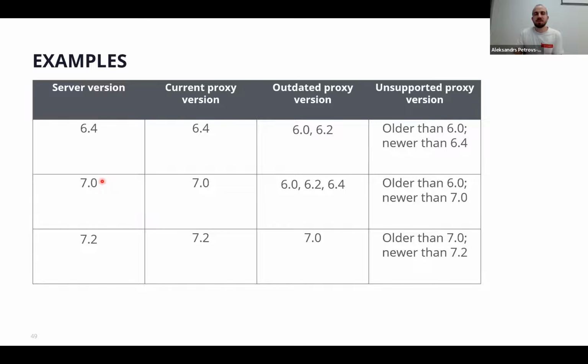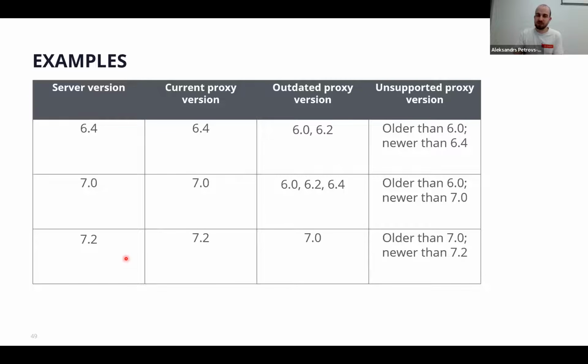If we have Zabbix server version 7.0 and the current proxy version is 7.0, again, fully compatible, everything's okay. Outdated proxies will be 6.0, 6.2, and 6.4. Again, you will be able to receive data from them, and they will be able to execute remote commands, but configuration exchange and configuration update will not happen. Unsupported is older than 6.0 or newer than 7.0.